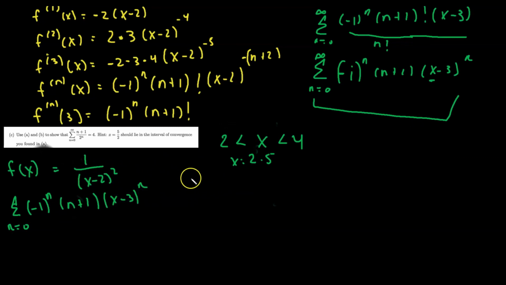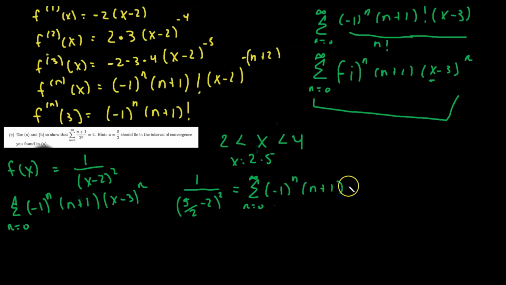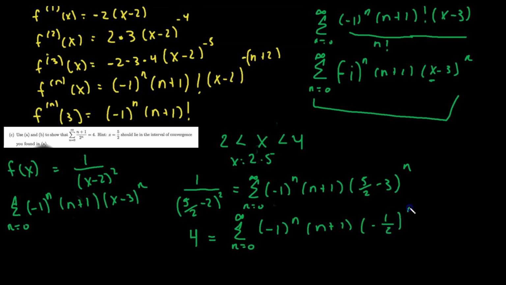So let's do that. 1 over (5 over 2 minus 2) squared, I put 2.5 here, but 5 over 2 is the same thing, equals the summation n equals 0 to infinity of negative 1 to the n plus 1, (n plus 1), times (5 over 2 minus 3), which goes to negative 1/2, to the n. So this whole expression becomes 4, and on the right we get the summation to infinity of negative 1 to the n plus 1, (n plus 1), negative 1/2 to the n.